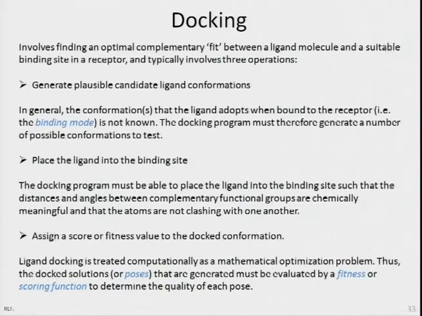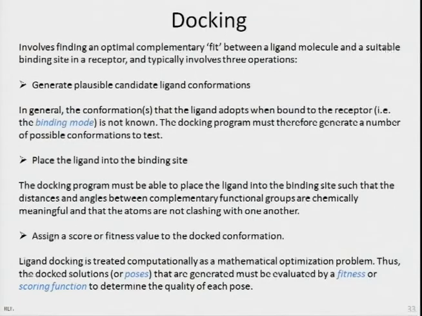The other really important way that you can model the molecular interaction is by using docking. So essentially, the docking problem involves finding an optimal complementary fit between a ligand molecule and a suitable binding site on a receptor.